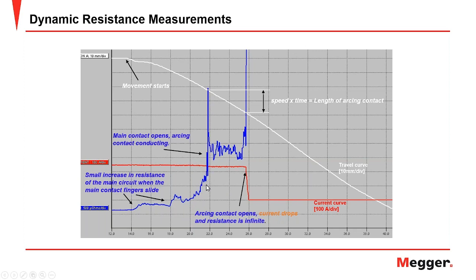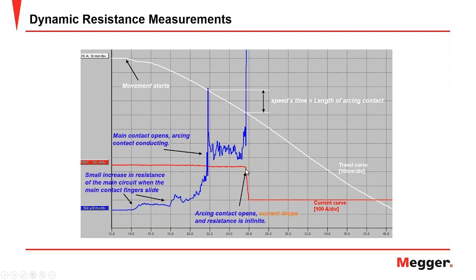This is the moment when the main contact separates, but the current flow is still present due to the arching contact. Of course, arching contact which has a higher value of resistance.